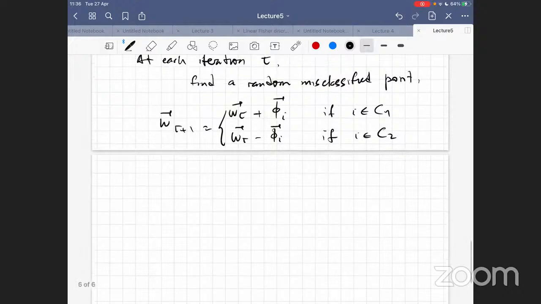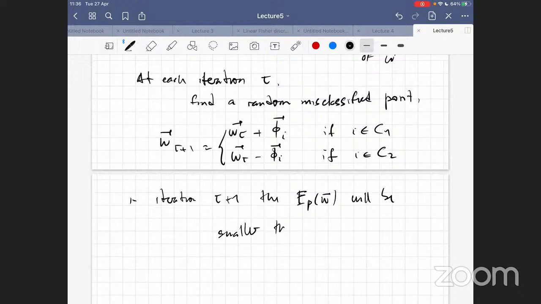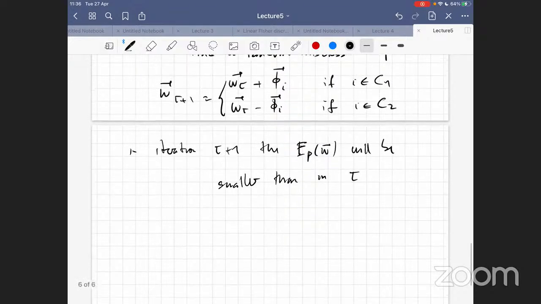So with this method, in iteration tau plus 1, the error will be smaller than in iteration tau. And why is that?